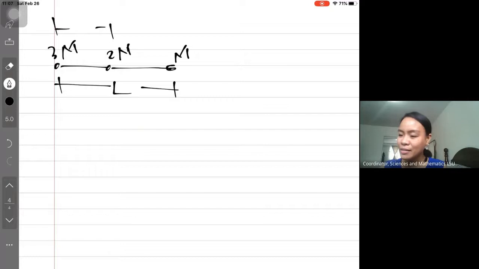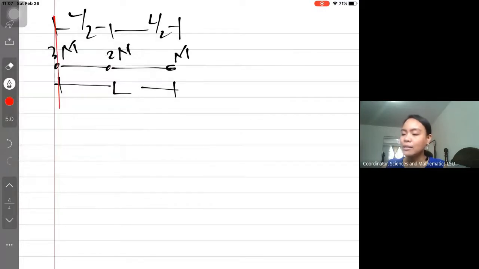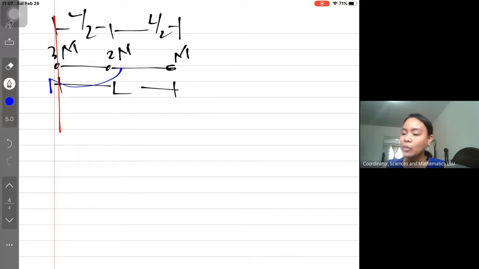This is L over 2, and of course another L over 2. So where are we rotating? We are rotating at the left. So what are the points that are rotating there? We rotate our mass 2m, and we also rotate our mass m.